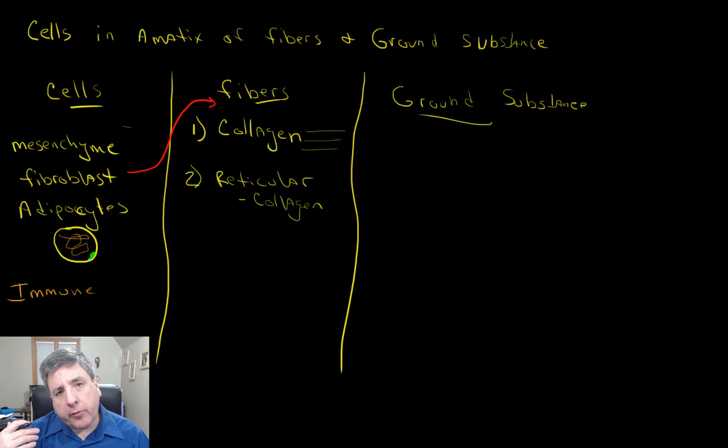It's still very flexible, but just not as much as your other collagen fibers. And these reticular fibers form some solid organs, so it forms a framework or a structure for some of these organs. You're looking at your spleen, your lymph nodes, parts of your liver are made up of the reticular fiber. That's giving you the framework for those organs.